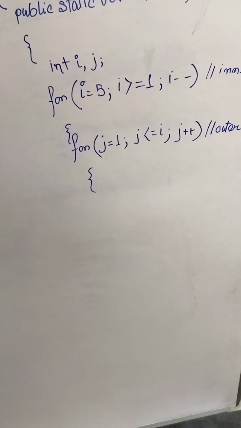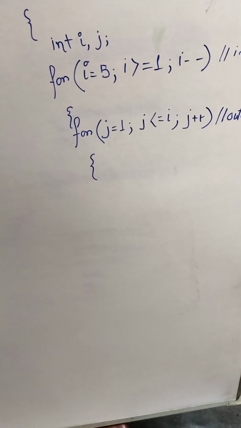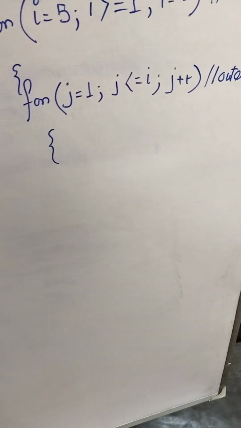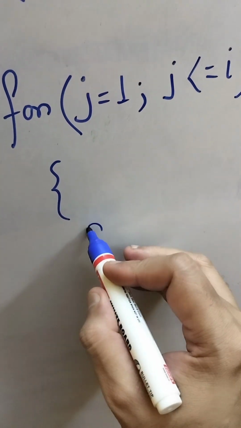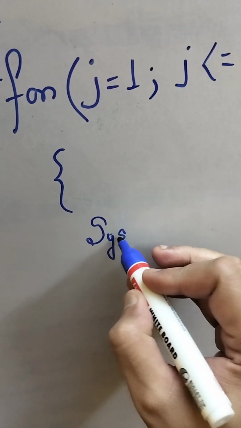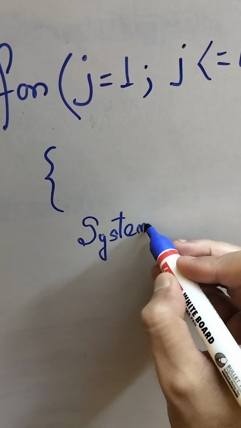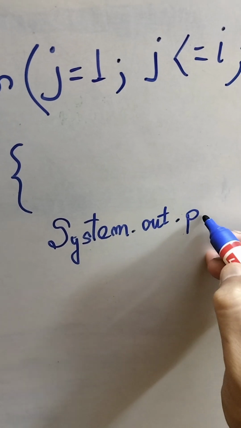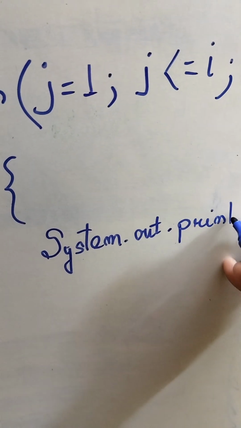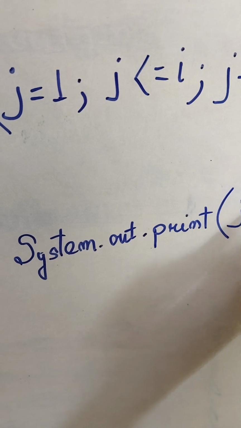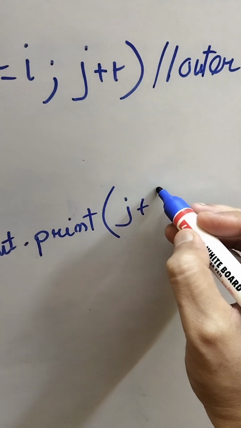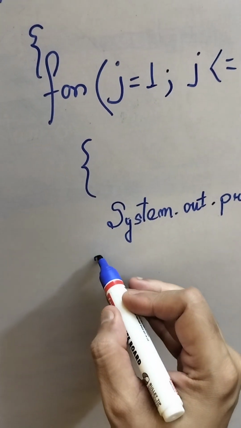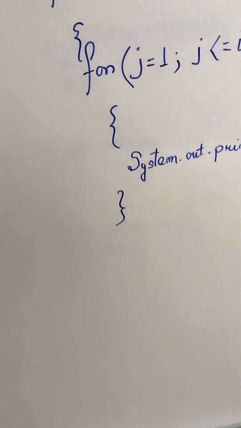Good. Now the second thing is I have to print the j. Now System.out.print(j + " "). Now close the inner for loop.